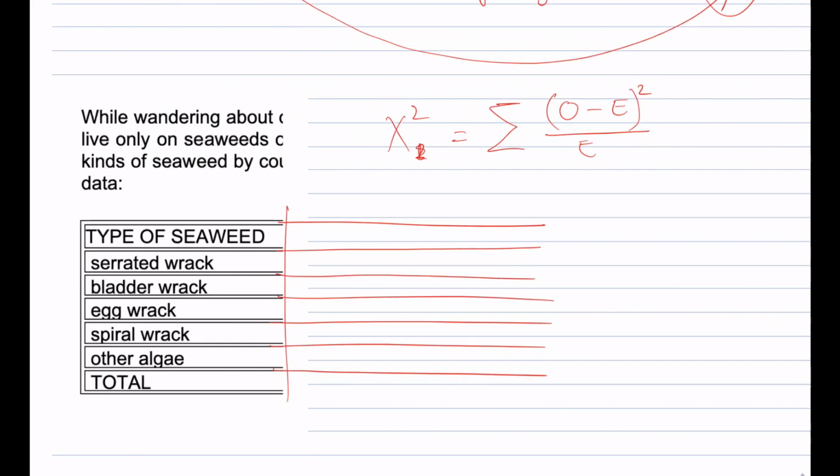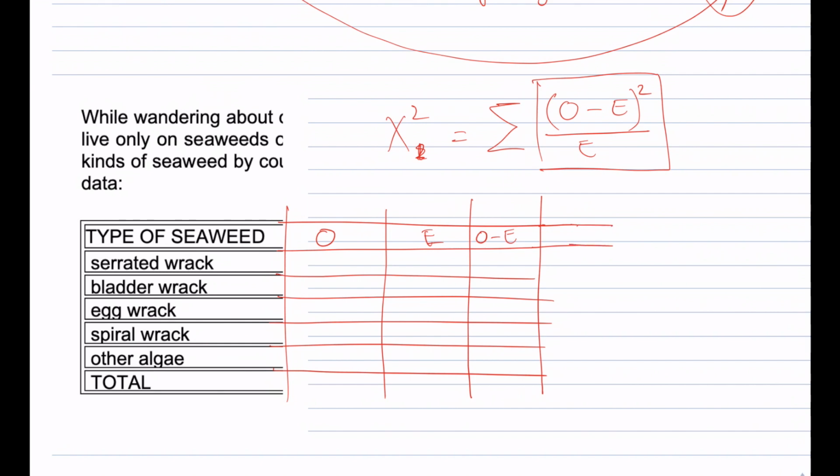So now that's the equation. However, what we can't do is simply put our observed and expected values directly into that equation because it's not that straightforward. Remember, we need to repeat this part for each of our data points. So we have the type of seaweed, we're going to have the observed values here, we're going to have the expected values, and then for each of those we will have to calculate the observed minus the expected.